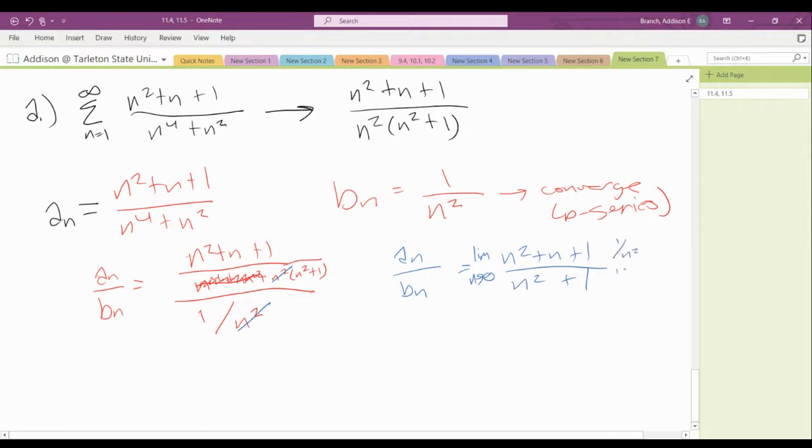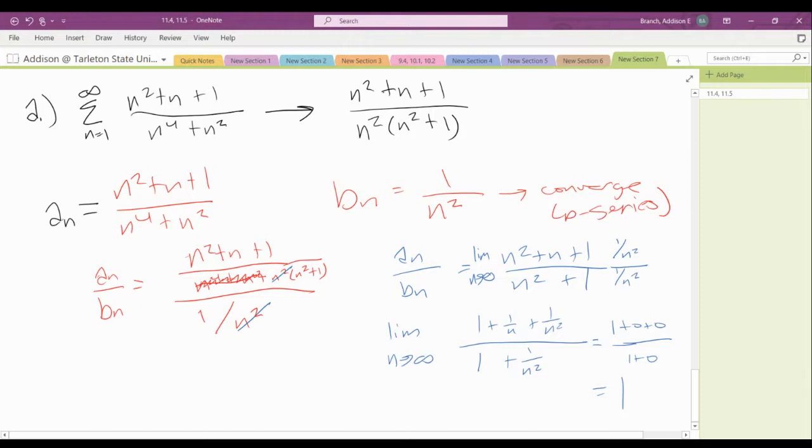We can just multiply times 1 over n squared on both the numerator and denominator to get us 1 plus 1 over n plus 1 over n squared over 1 plus 1 over n squared, which is equal to 1 plus 0 over 1 plus 0, which is of course going to equal 1.